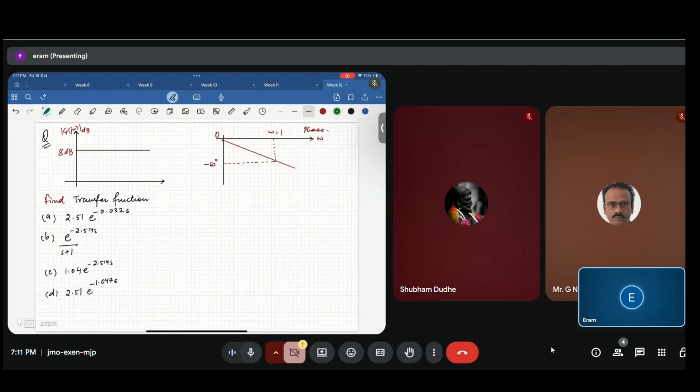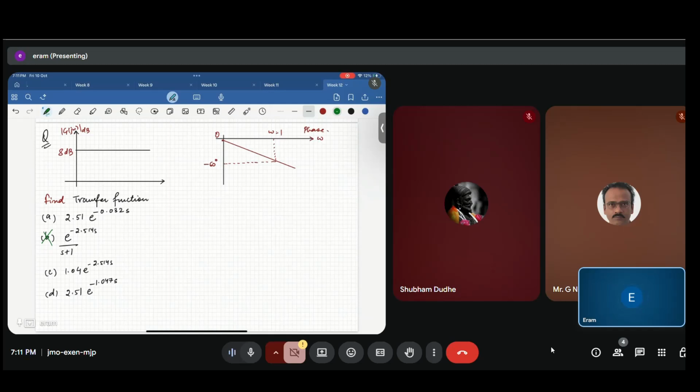Only gain will be there. We don't have any slope. So that means the last option is ruled out, because if this was the transfer function, then we would have a slope of minus 20 dB per decade because we have a pole here. So this option is not correct.